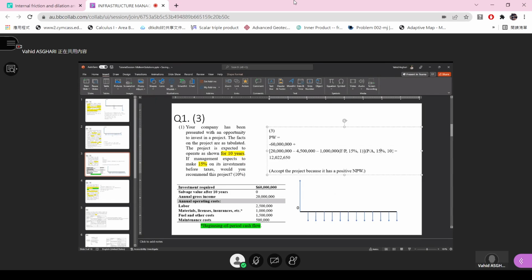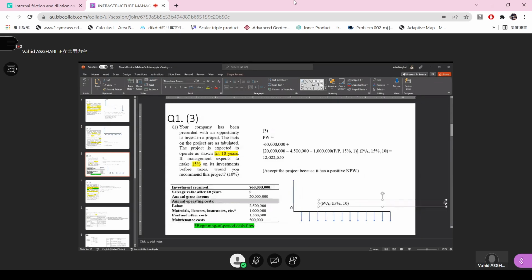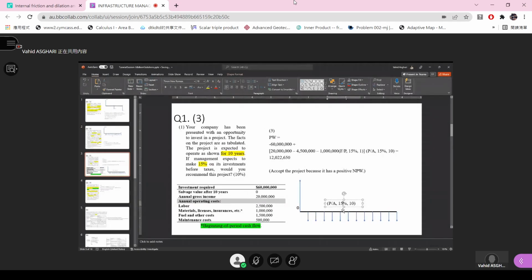All of these equations that contain P based on A, or A based on P, A based on F, whatever, if there is an A in here, the assumption is that all of these A periodic equivalent amounts are paid or received at the end of the period.